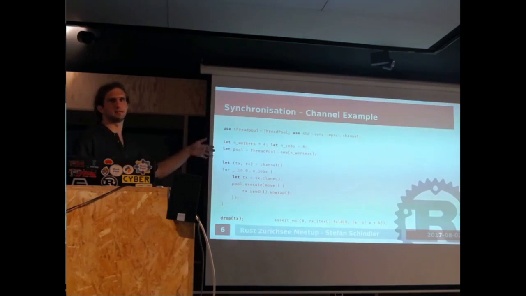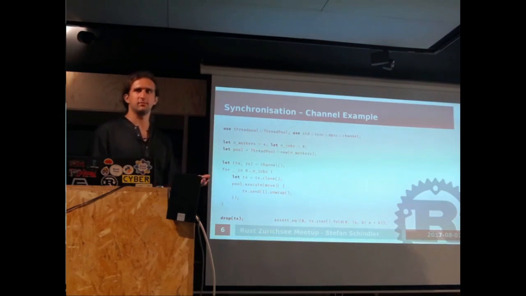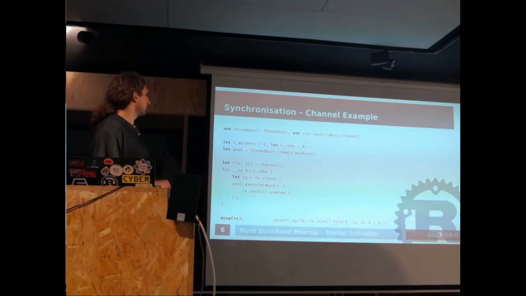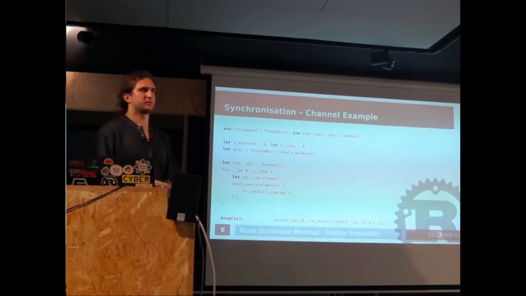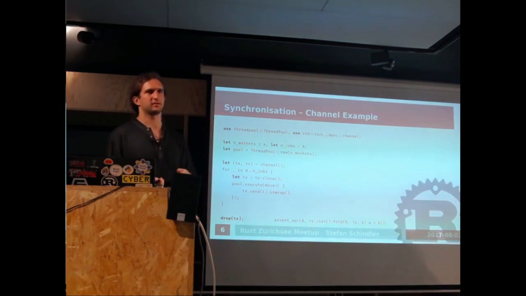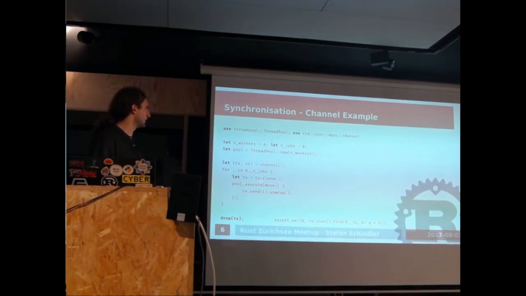This let is the declaration of something named here, and we infer the type. After that, we actually create the pool. At this point, the worker threads are created and they are waiting. Since the receiving end of the job is in a mutex, the first one will get the lock and wait, and the others will wait for the lock. Quite simple.